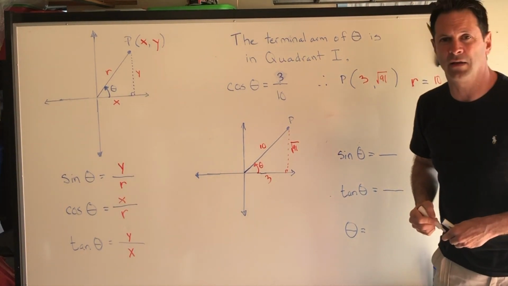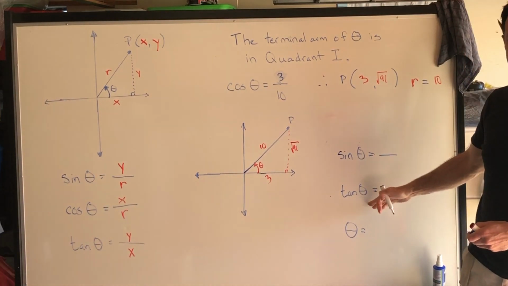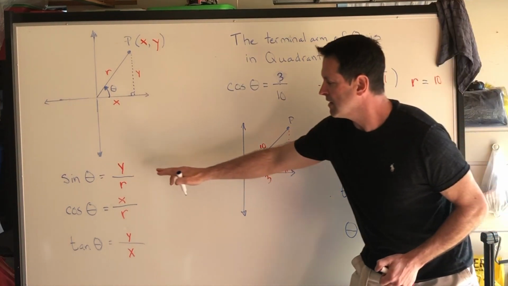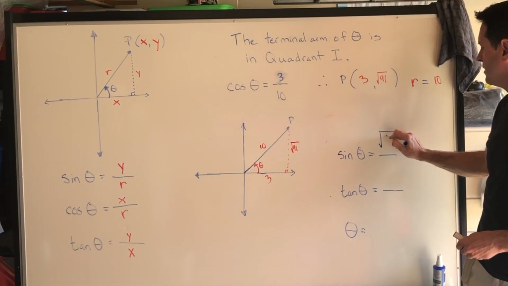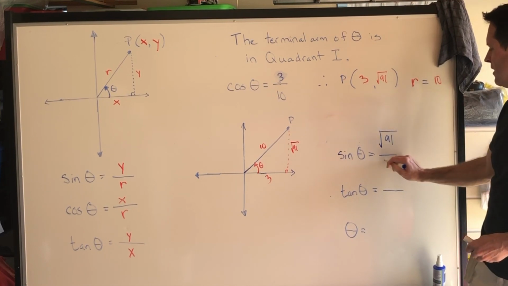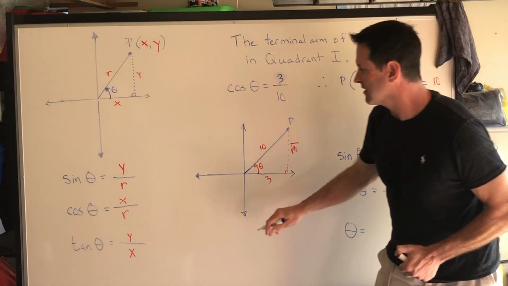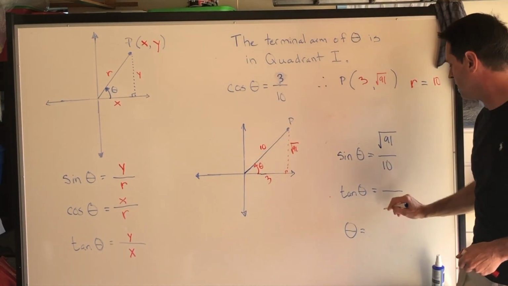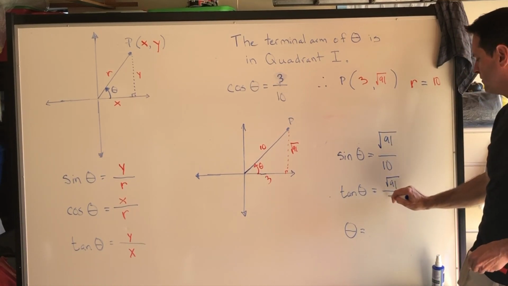So now we can calculate the sine and tangent values for the angle in standard position. The sine of theta, that's y over r: root 91 over 10. The tangent value is y over x: root 91 over 3.